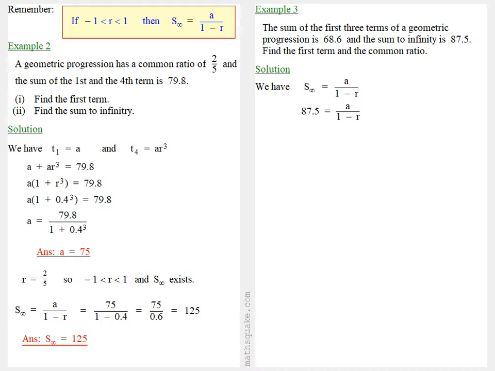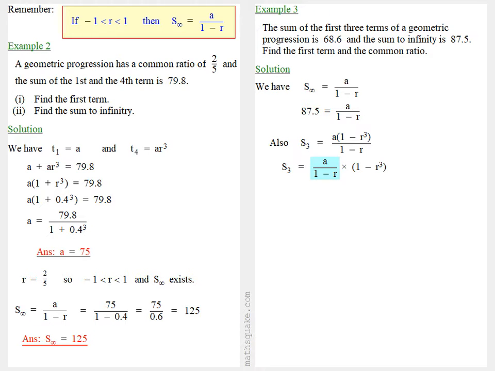So 87.5 is equal to a over 1 minus r. We're also told S3 is equal to a into 1 minus r cubed over 1 minus r. Now we can take a over 1 minus r out, and that gives us S3 equals a over 1 minus r times 1 minus r cubed.